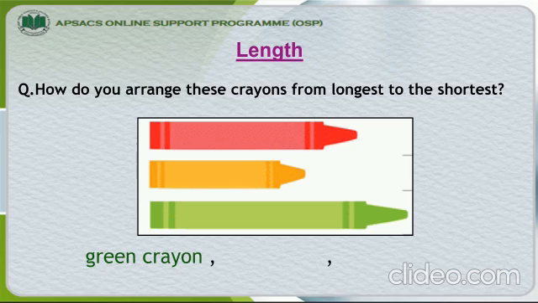Yellow and red. Now who is shorter? Red or yellow? Yes, the red is shorter. And after, which crayon is shortest? Yes, the yellow is the shortest. So yellow crayon will come at the end.